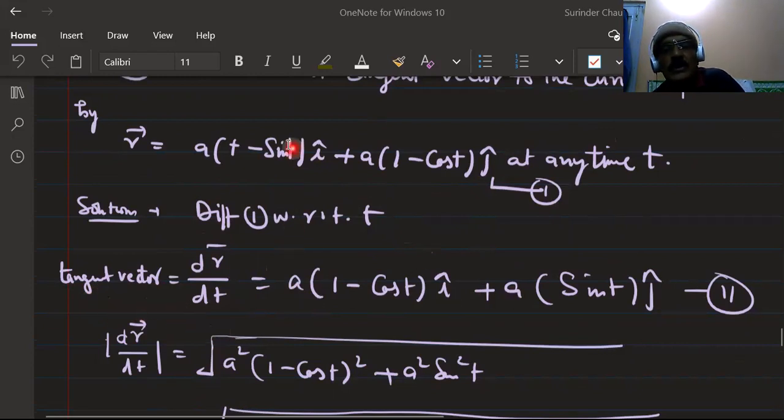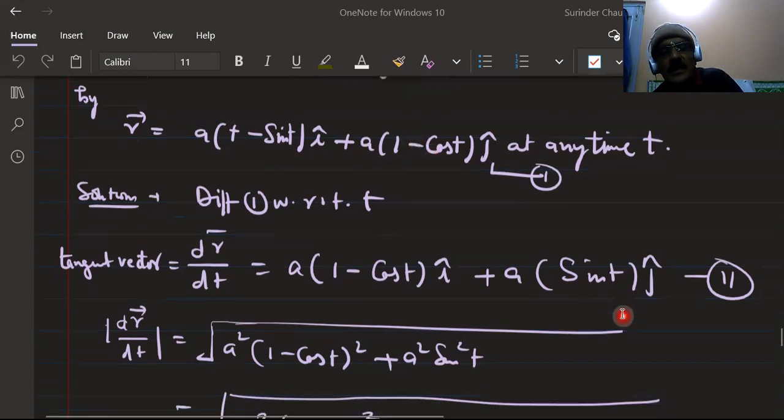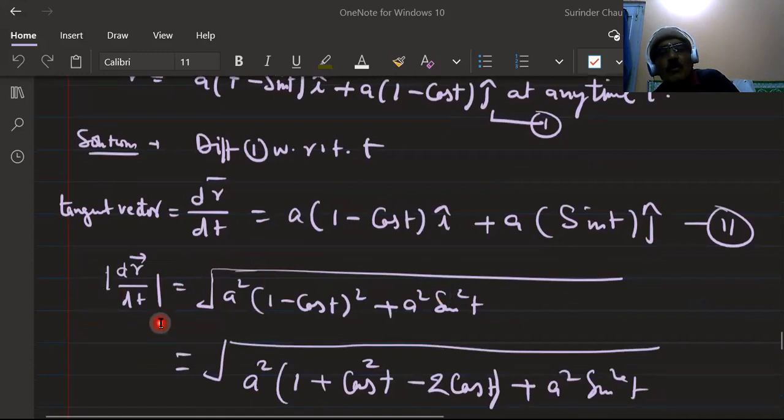Now differentiating: a(1 minus cos t) iota plus a sin t j. This is the tangent vector at any time t at any point p.